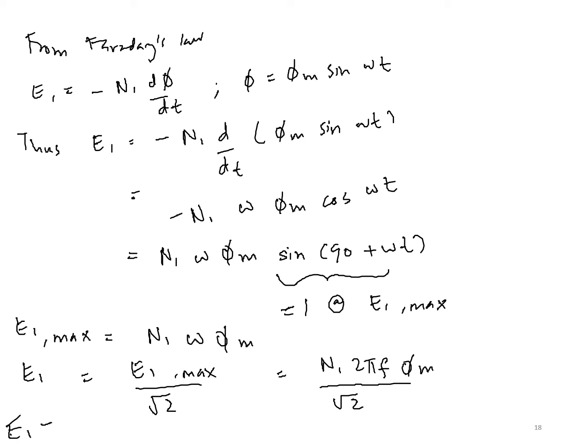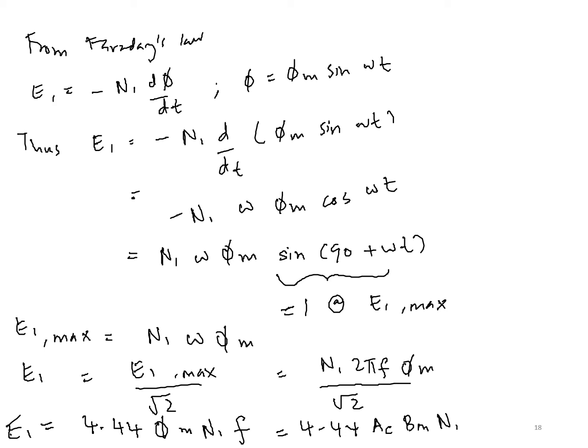So we get E1 is equal to 4.44 psi m N1 multiplied with the frequency, and this is also equal to 4.44 multiplied with the area of the core, multiplied with the peak value of flux density, multiplied with the number of turns.